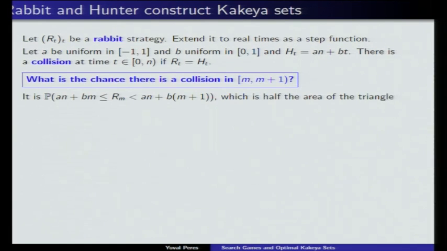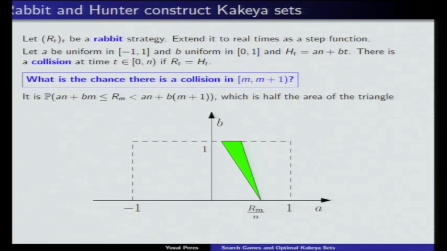What is the chance there is a collision in the time interval m to m plus 1? Collision in this time interval means that the rabbit at time m is between A n plus B m and A n plus B m plus 1, because there is an integer part to take. And we can represent this event in parameter space.